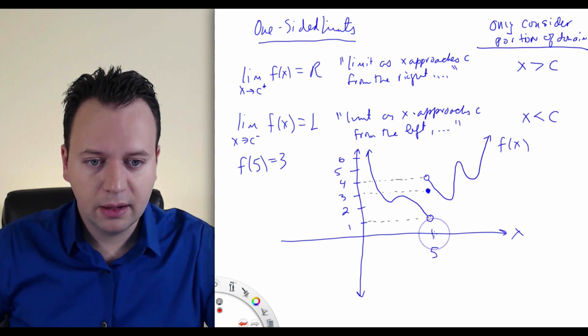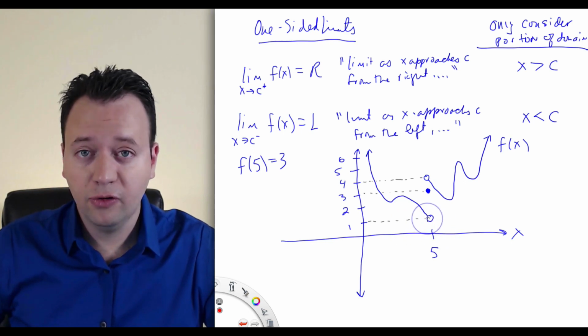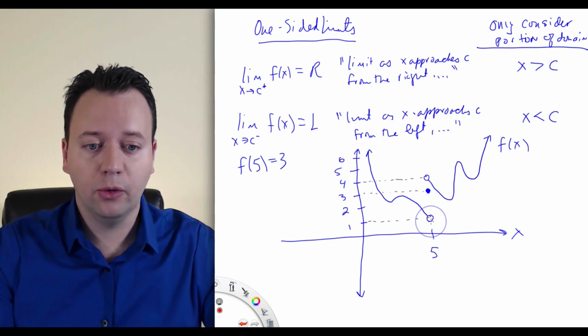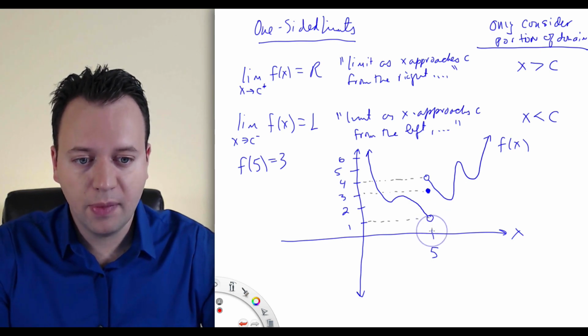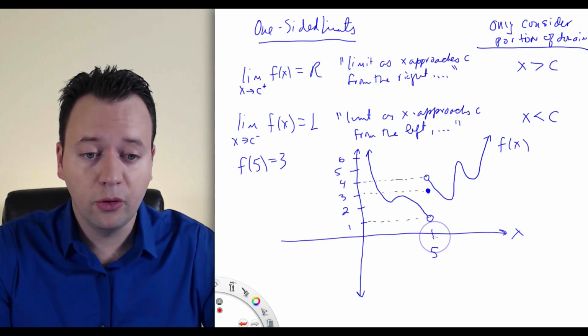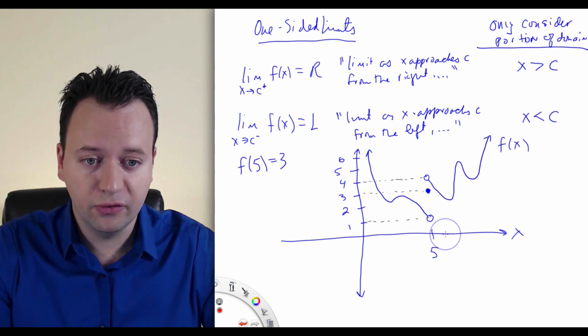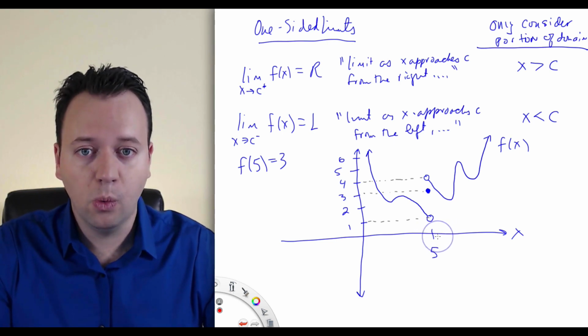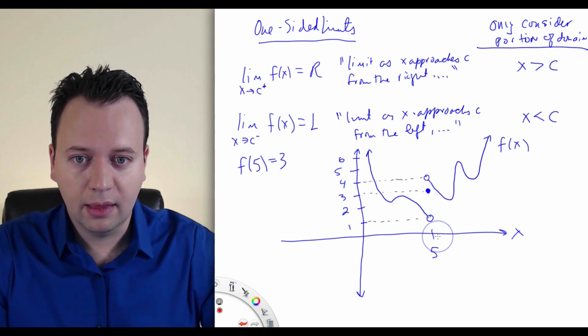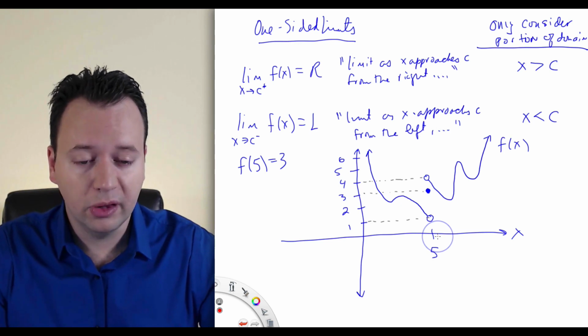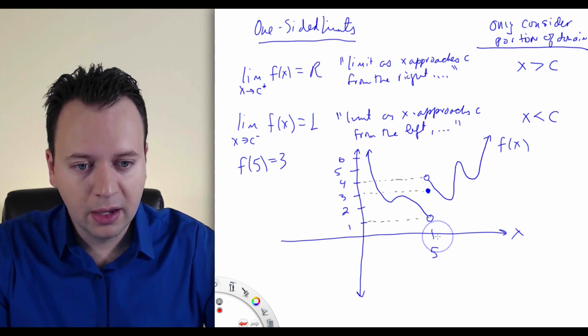Now, as we approach 5, we get a different behavior depending on whether we're looking at the portion of the domain with x less than 5 or the portion of the domain for x greater than 5. And that's why we would use a one-sided limit. So if we look at the limit as x approaches 5 from the left, let's see what happens.